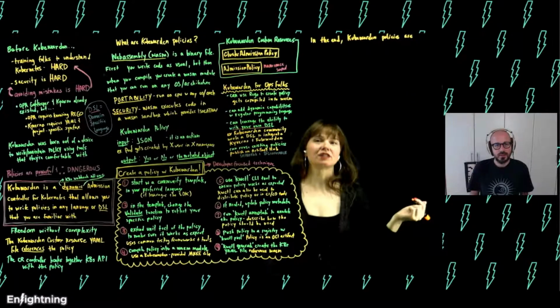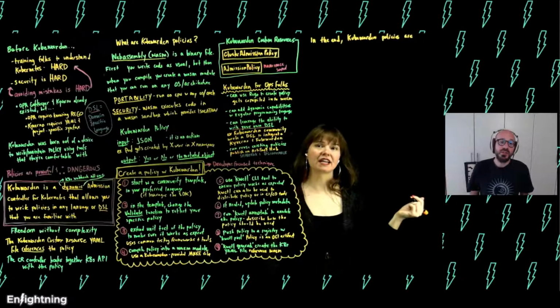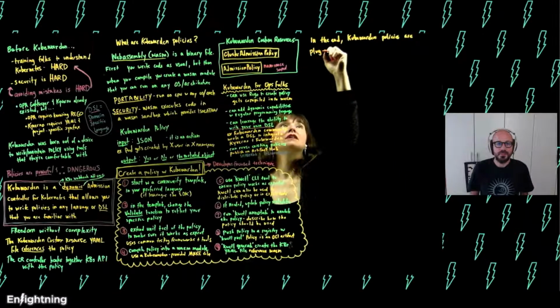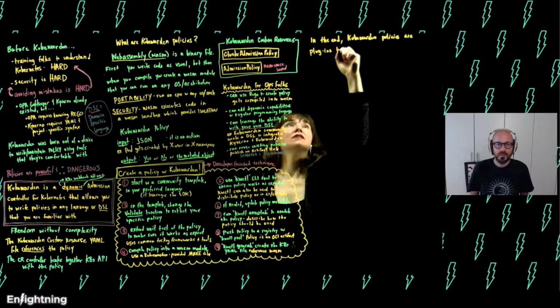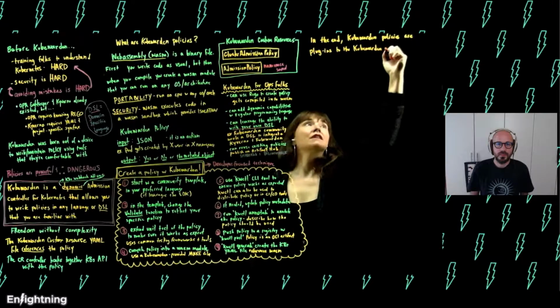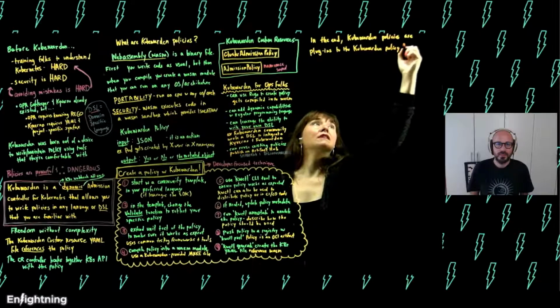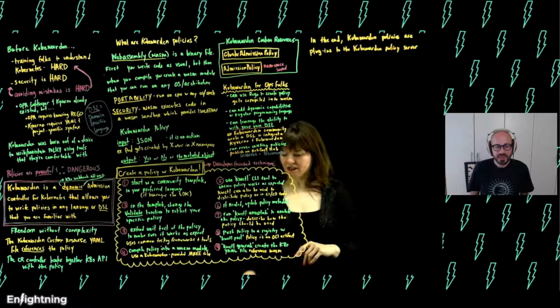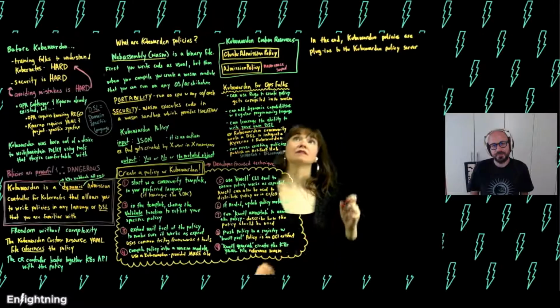Are they plugins to the policy engine? To the policy server, which is a component of Kubewarden. Plugins for the policy server of Kubewarden, and they deliver additional checks. Exactly.